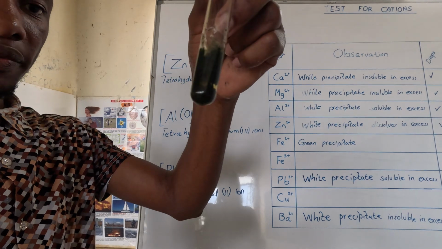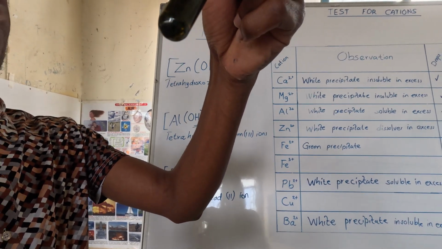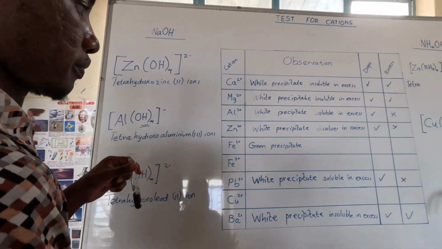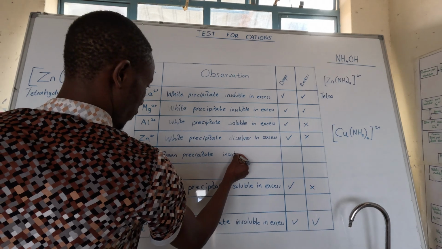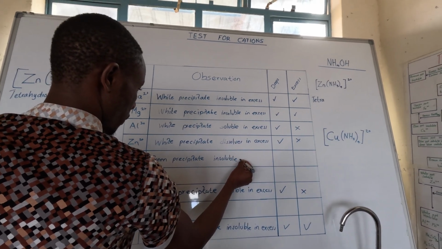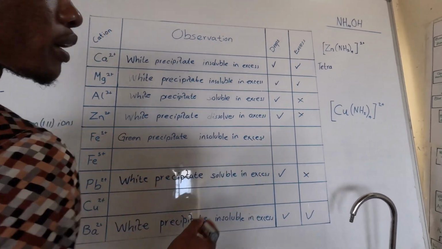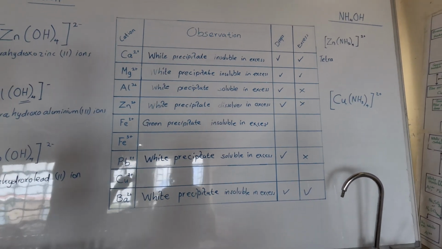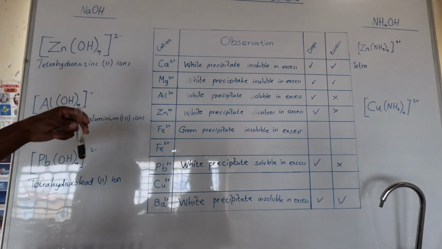It does not dissolve. It is insoluble in excess, that is what we see. So this is the test for iron 2.